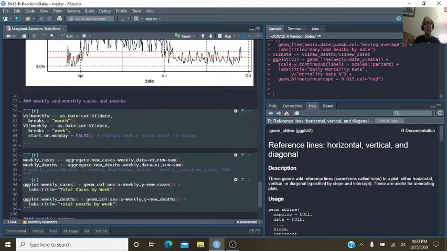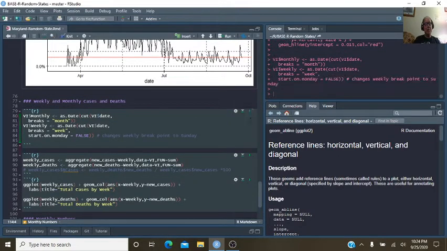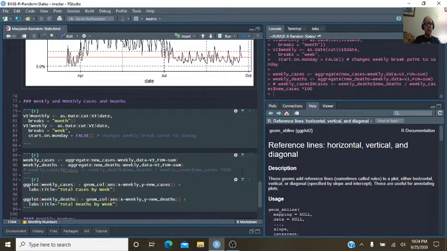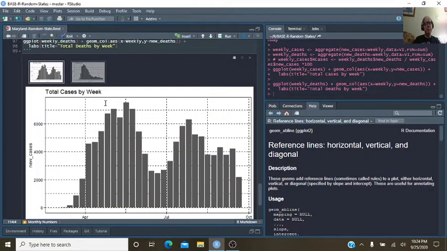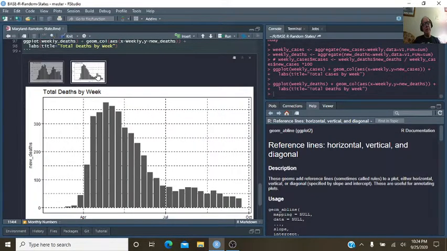All right. Let's take a look at some monthly numbers now. Actually, let's look at some weekly numbers first. You still see this one big trend down here. This week certainly will not catch last week. So the decline is resuming for cases.